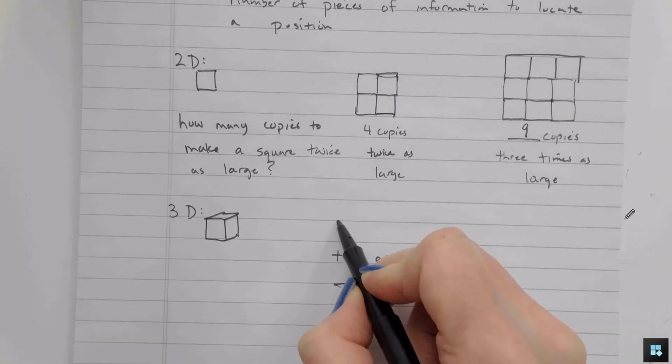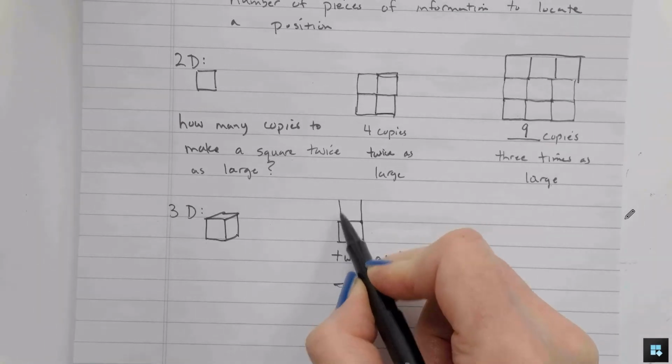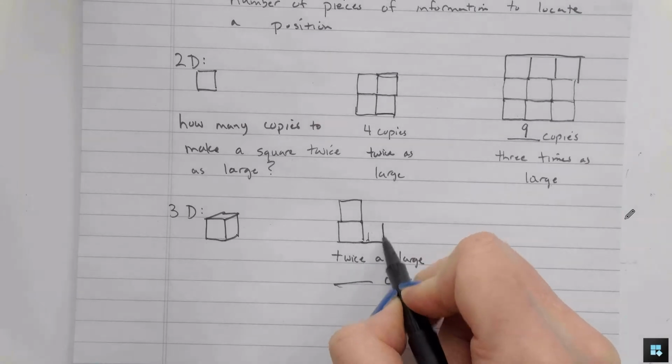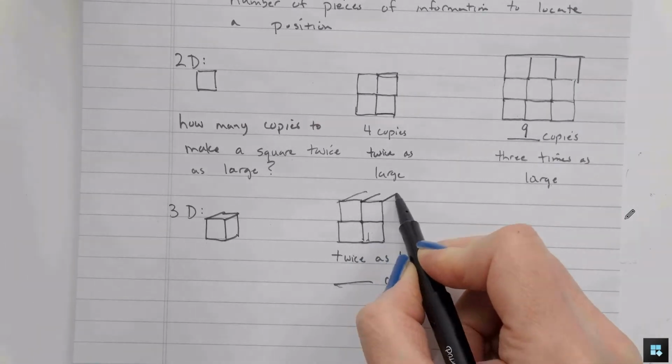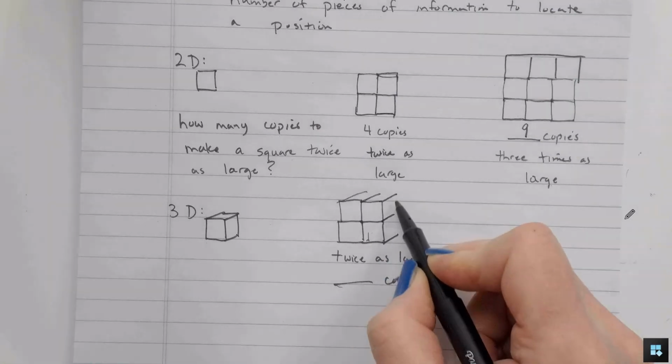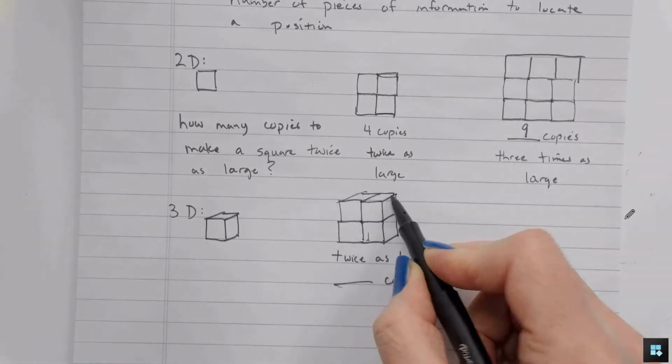So how many copies to make a cube twice as large? So I'll stack the cubes up, and I'll stack up 4 like we did with this 2-dimensional space there.